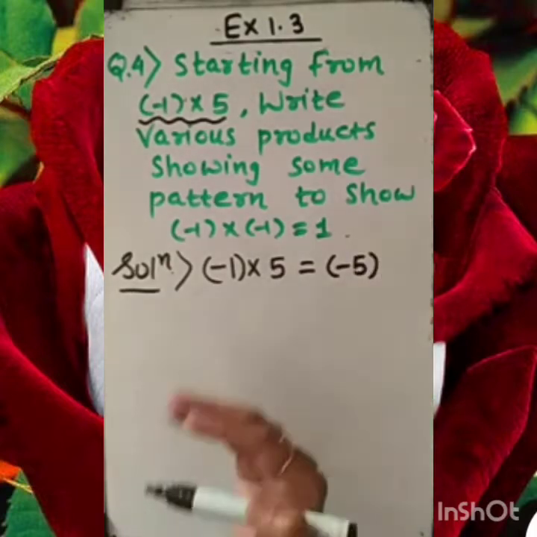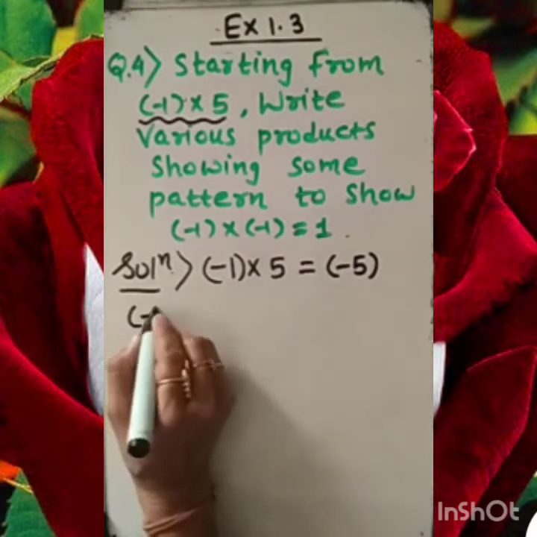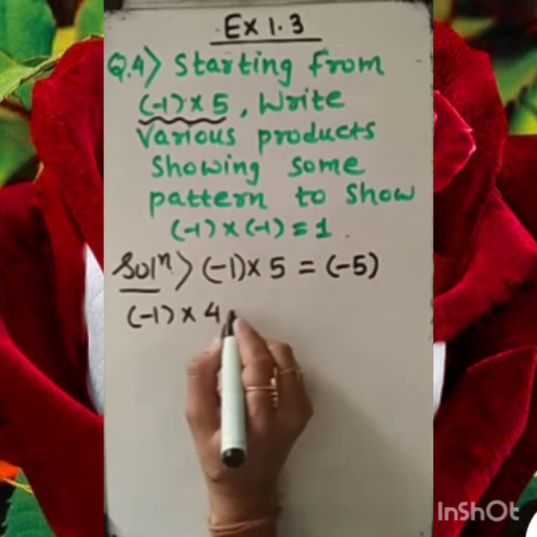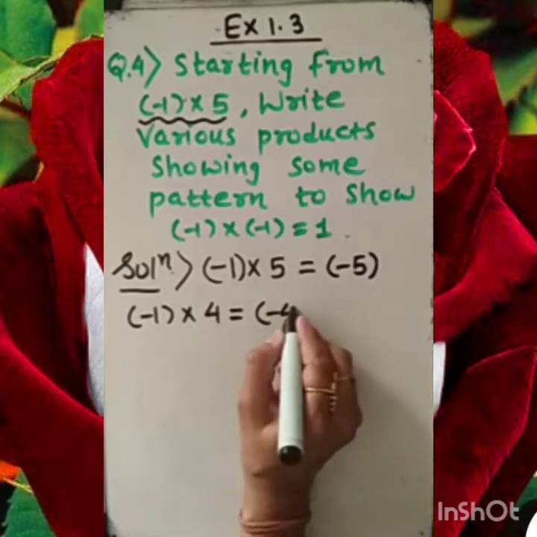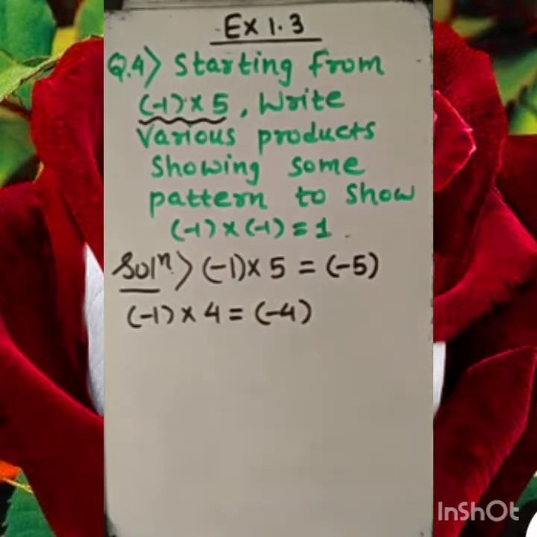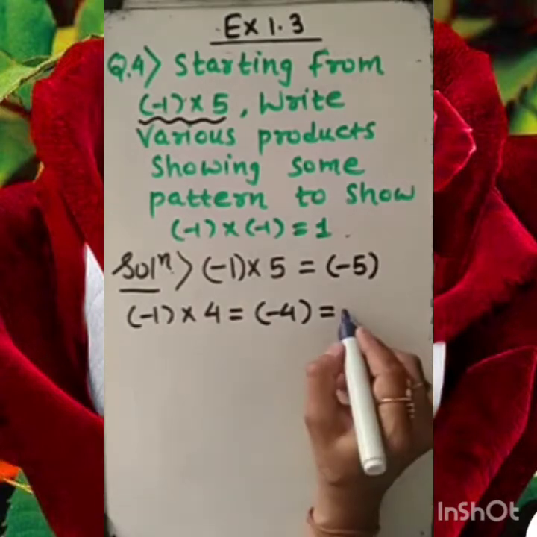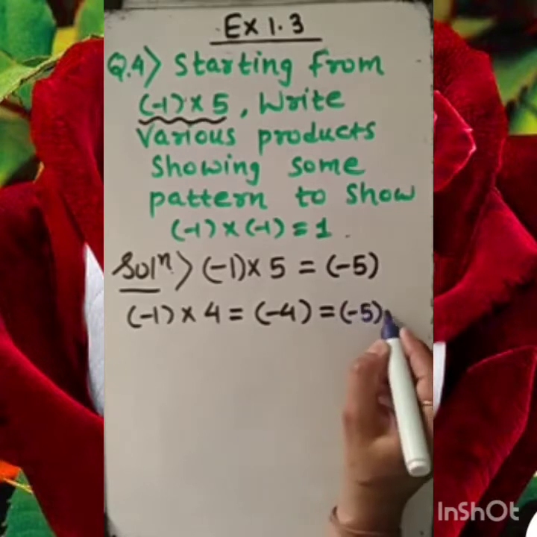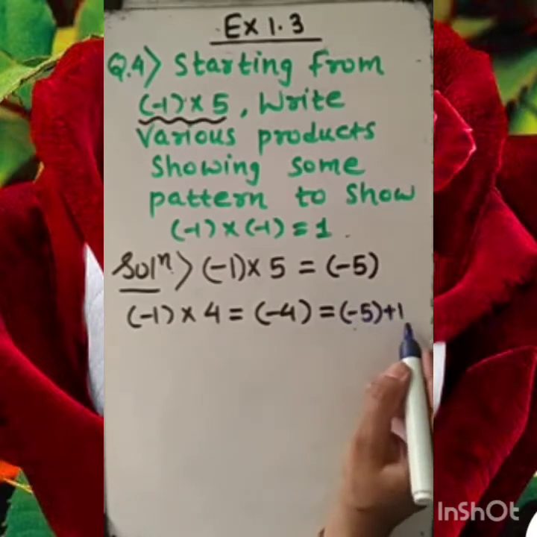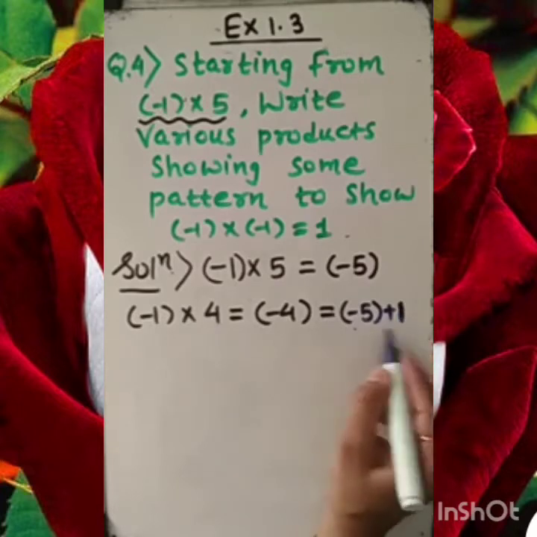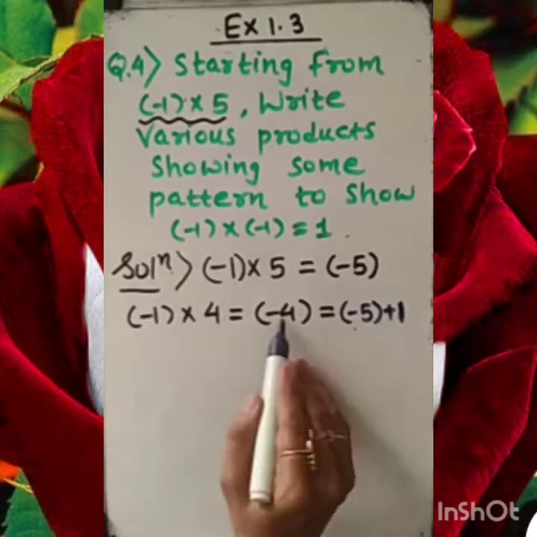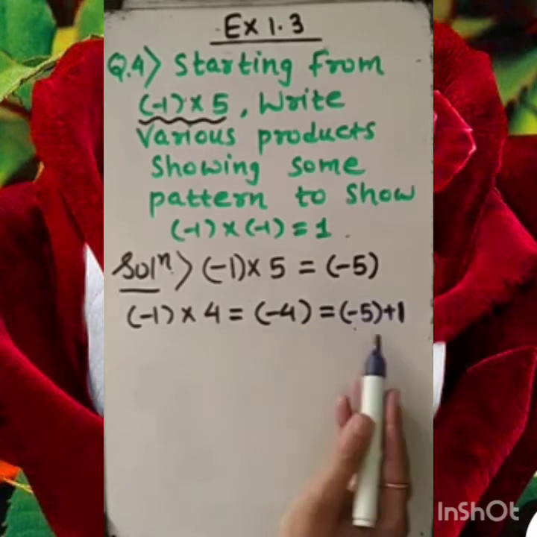Now gradually, minus 1 into 4. Of course it is minus 4. Minus 1 into 4 gives the result minus 4. Can I write this minus 4 in this way? If I go with minus 5 plus 1, then of course it gives the same result, that is minus 4.